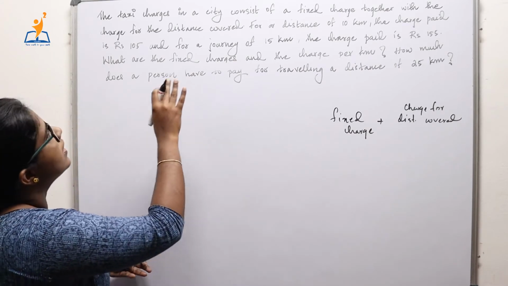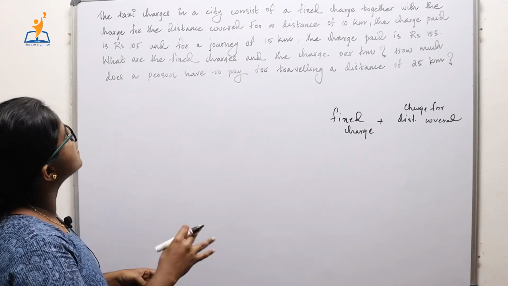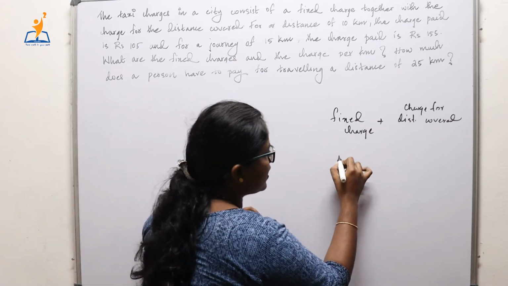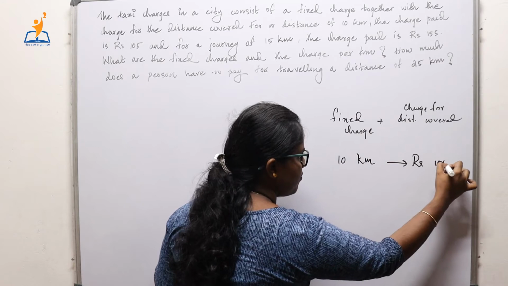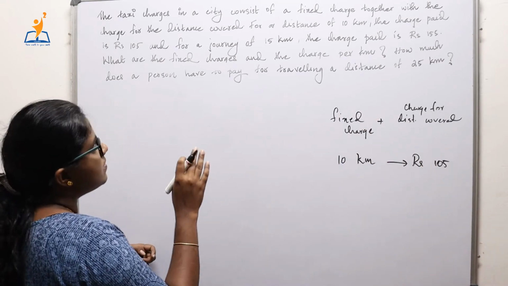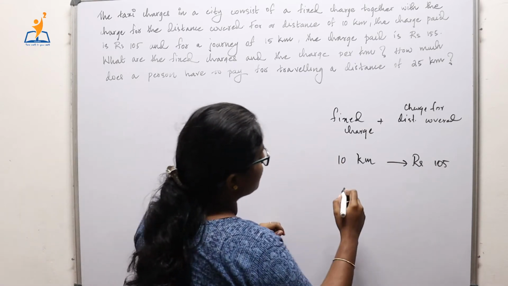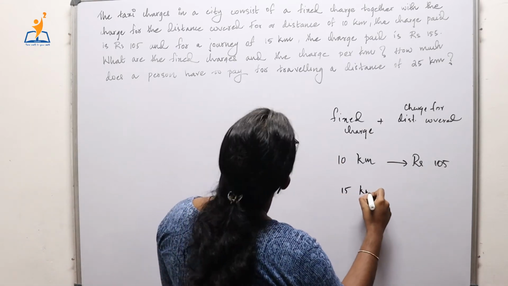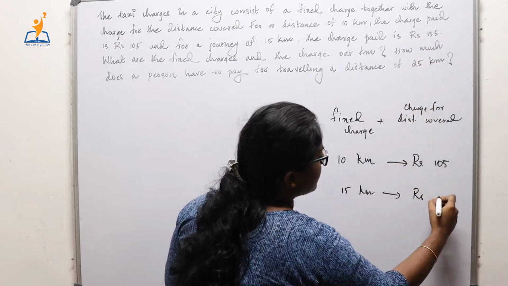Now moving on, for a distance of 10 km, the charge paid is rupees 105. And for 15 kilometers, one has to pay rupees 155.